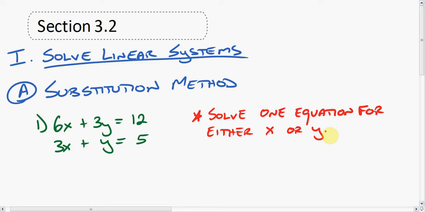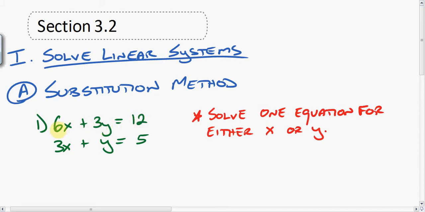You can solve it for x or y. So to make your life easy, try and find an equation where you can see that one of the variables has a coefficient of 1. That's the easiest thing to do, and you're going to see that will occur in this problem. Coefficient, remember, is the number in front of the variable. Looking at the first equation, coefficient of 6, coefficient of 3.